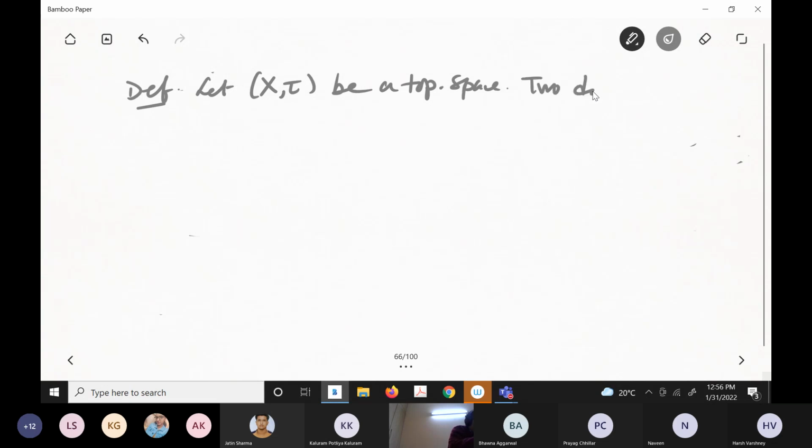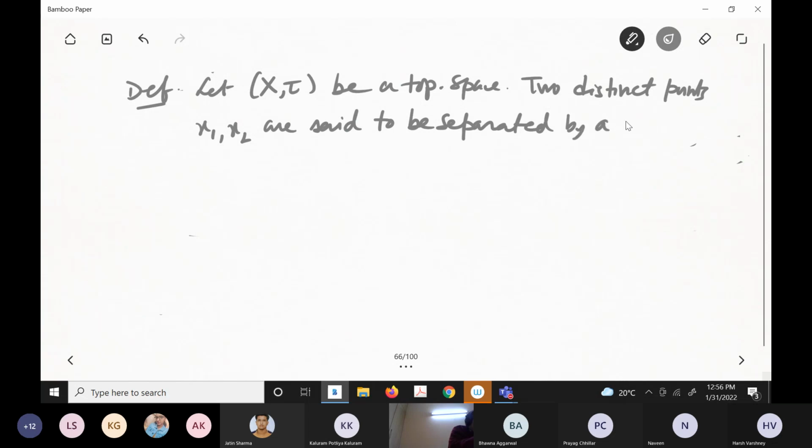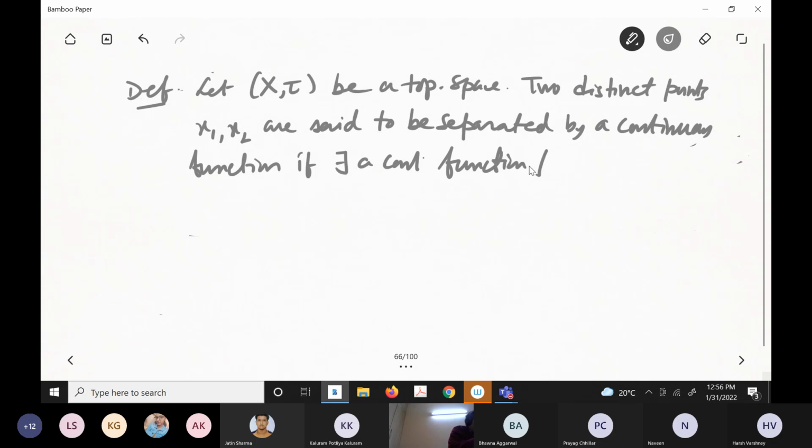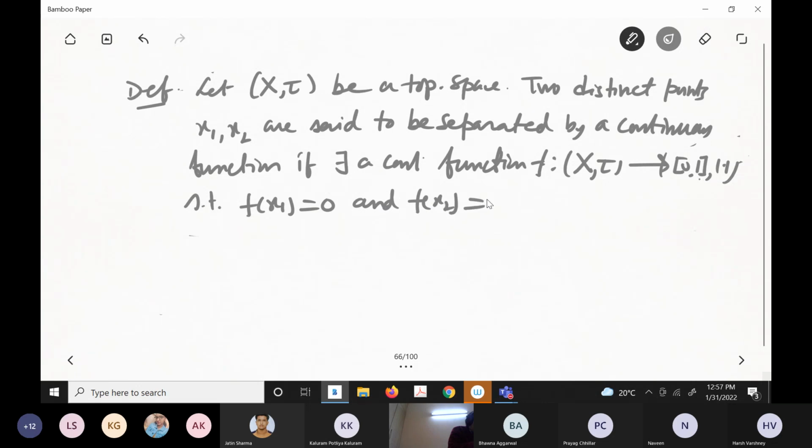Two distinct points x1, x2 are said to be separated by a continuous function if there exists a continuous function f from X to R with the usual topology such that f(x1) equal to 0 and f(x2) equal to 1. But there is no preference between 0 and 1.